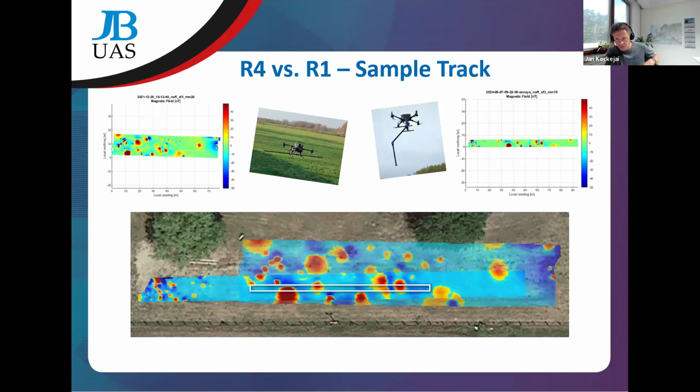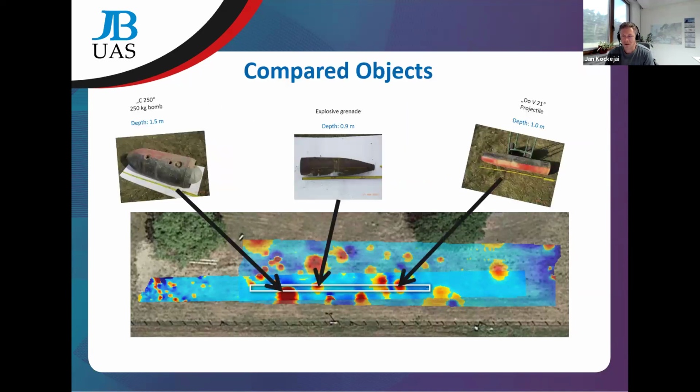To take a closer look at the data, I selected the area outlined in white. And this track contains 3 significant signatures. Next slide, please. The first object on the left side is a 250 kilogram bomb buried at a depth of 1 meter 50.